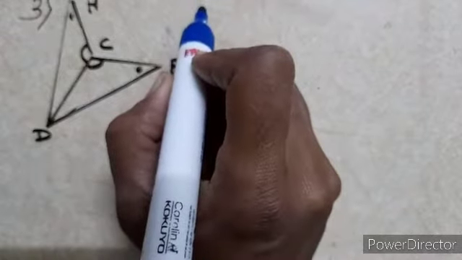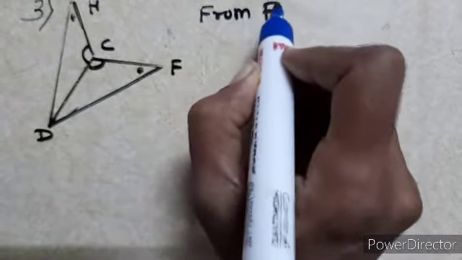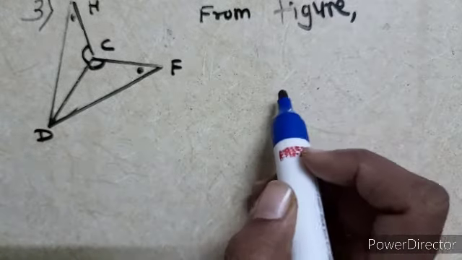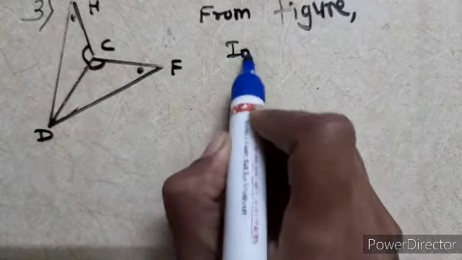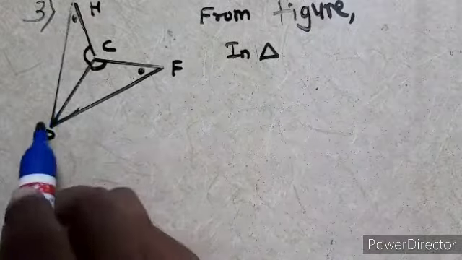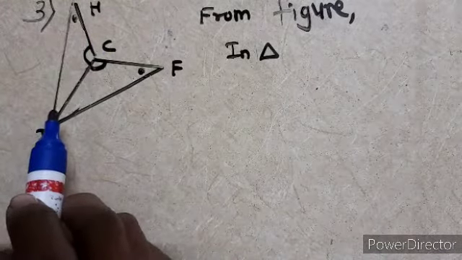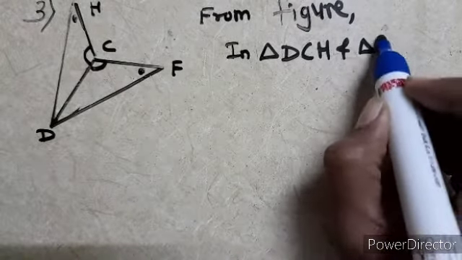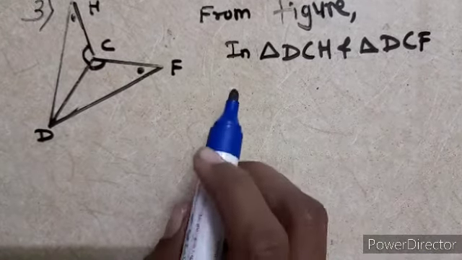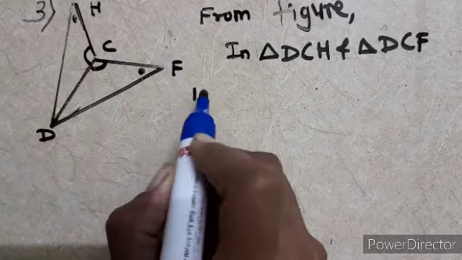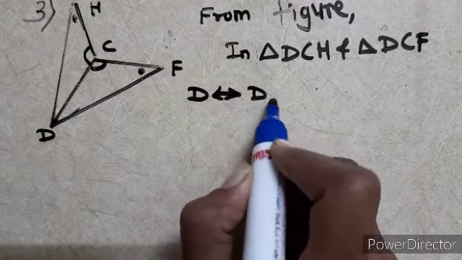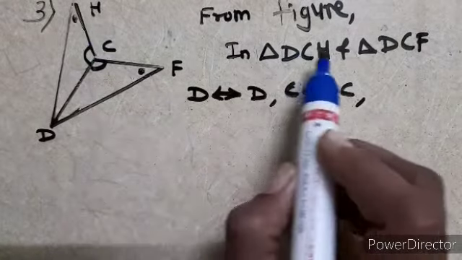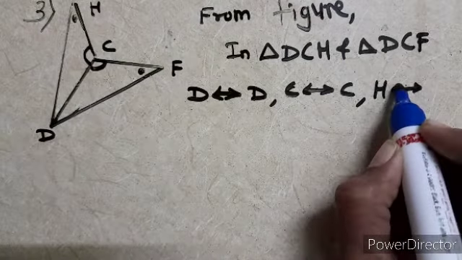So from figure, here in triangle DCH and another triangle DCF, the correspondence of vertices: D corresponds to D, C corresponds to C, and H corresponds to F.